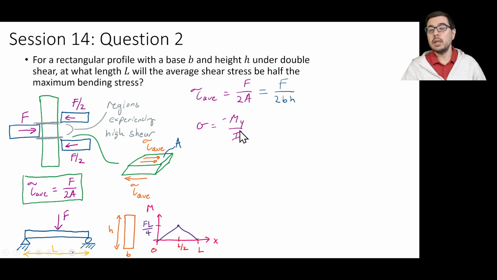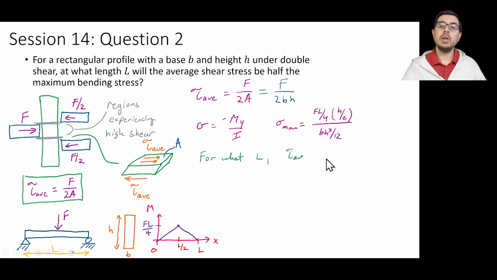So negative times negative is positive, and I is bh cubed over 12. That's the second moment of area, and we've just demonstrated how to calculate that. So the maximum bending stress can be described as this bending moment, FL over 4, times h over 2, divided by the second moment of area, bh cubed over 12.